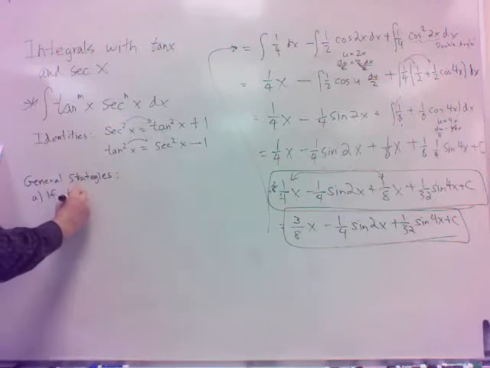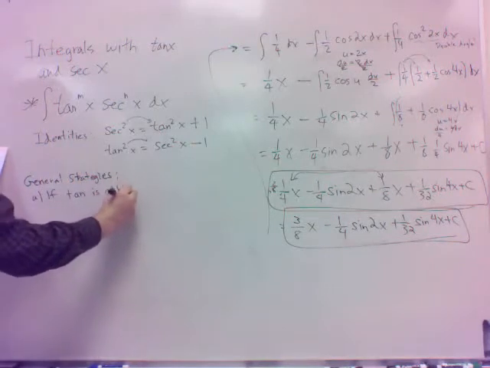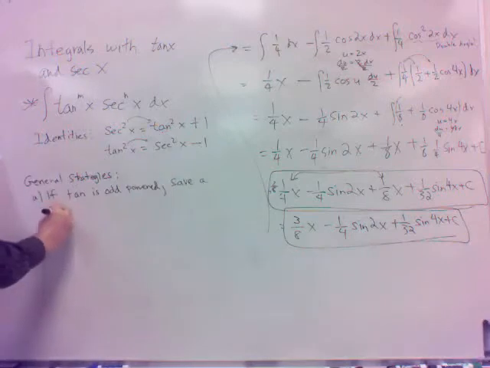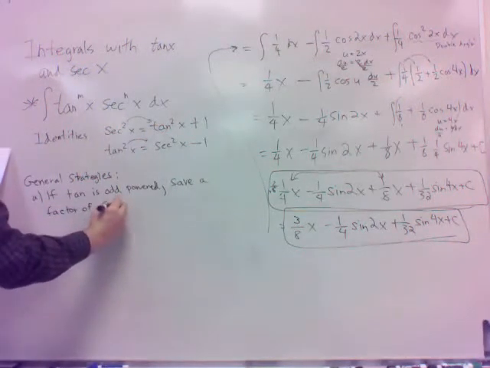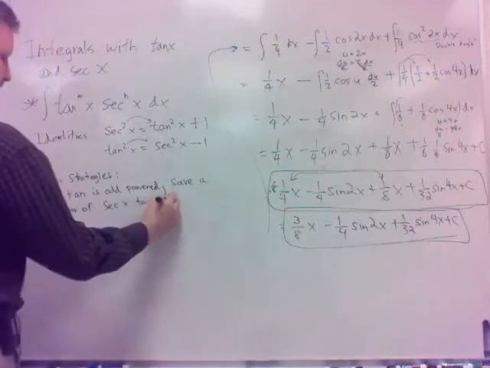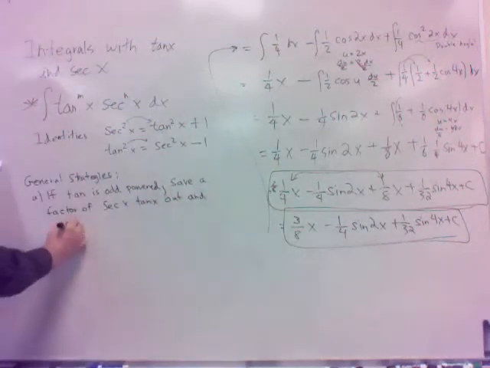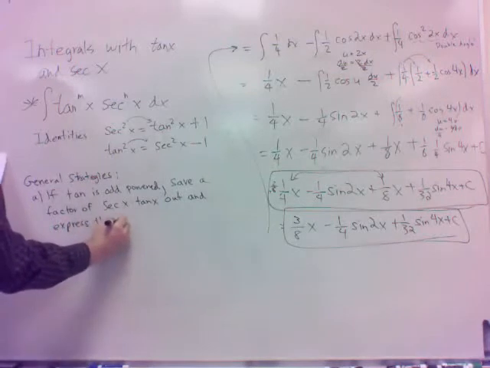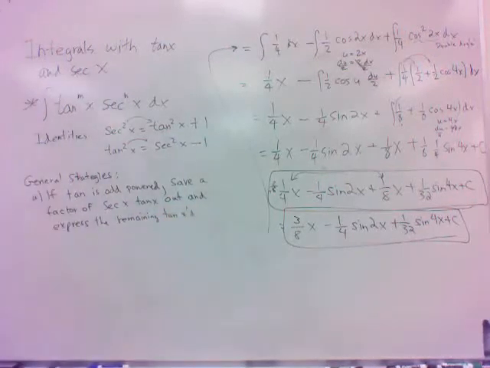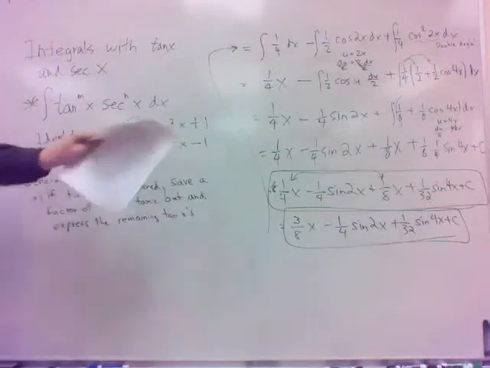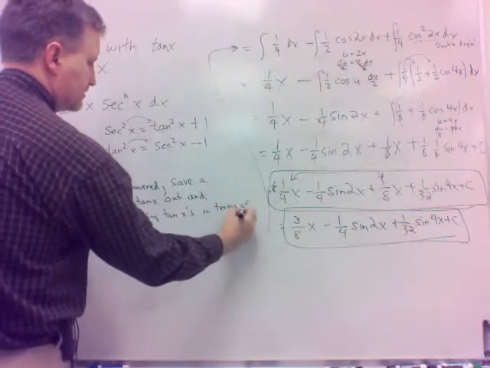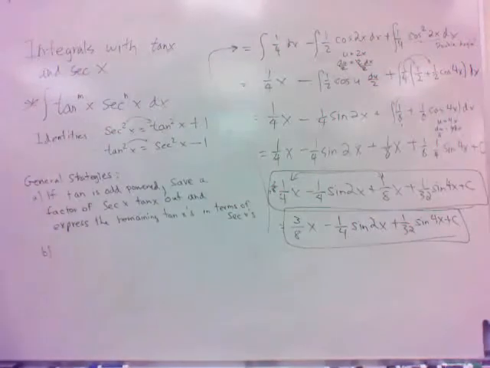A: if tangent is an odd power, save a factor of secant tangent out, and express the remaining tangents in terms of secants, using this identity. That's what you do if the tangent is odd.